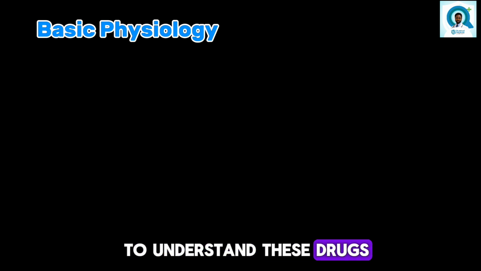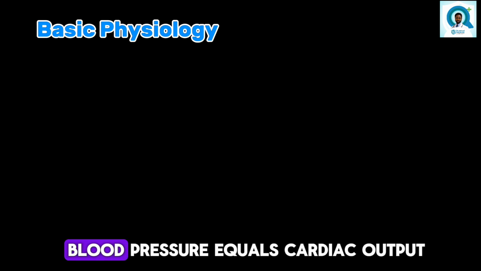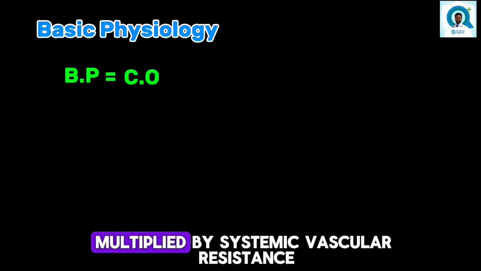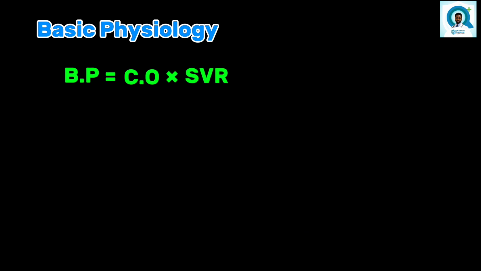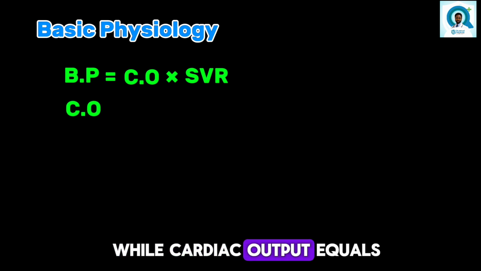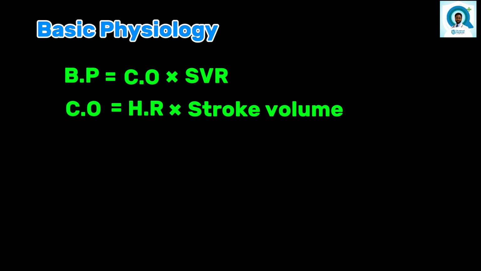To understand these drugs, we must first understand blood pressure regulation. Blood pressure equals cardiac output multiplied by systemic vascular resistance, while cardiac output equals heart rate multiplied by stroke volume.